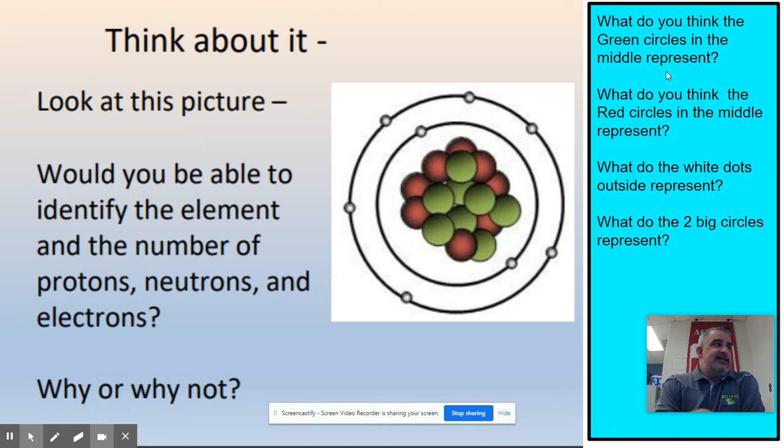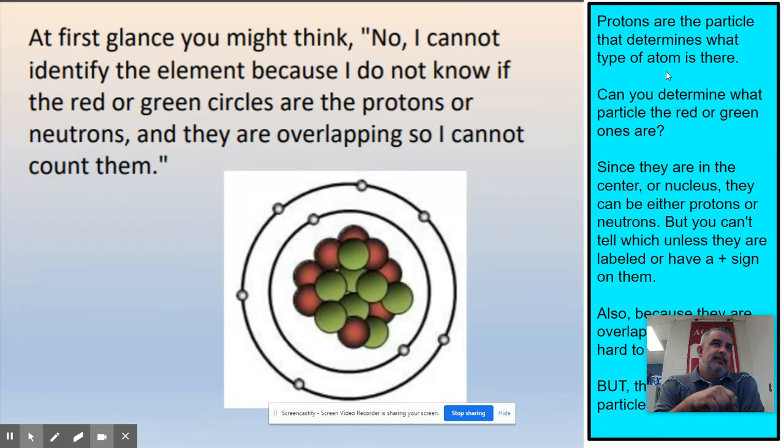So it says here, would you be able to identify the element and the number of protons, neutrons, and electrons? And that answer right now is probably no, okay? So let's look at it again. At first glance, you might think, no, I can't identify the element because I don't know whether the green circles or the red circles inside the nucleus are protons or neutrons. We know they have to be one or the other because protons and neutrons are inside the nucleus.